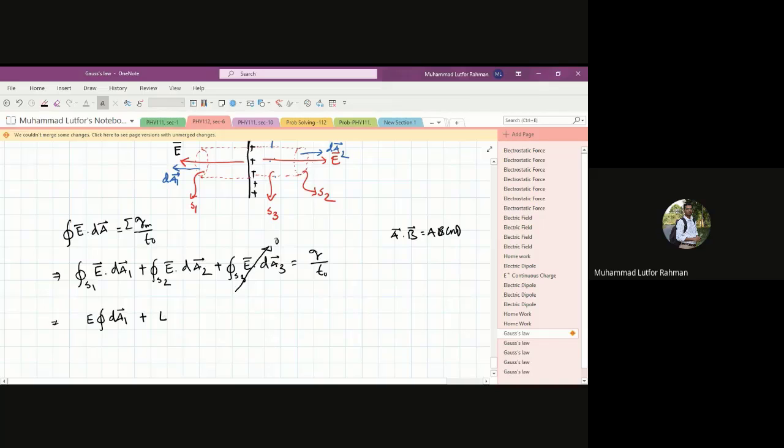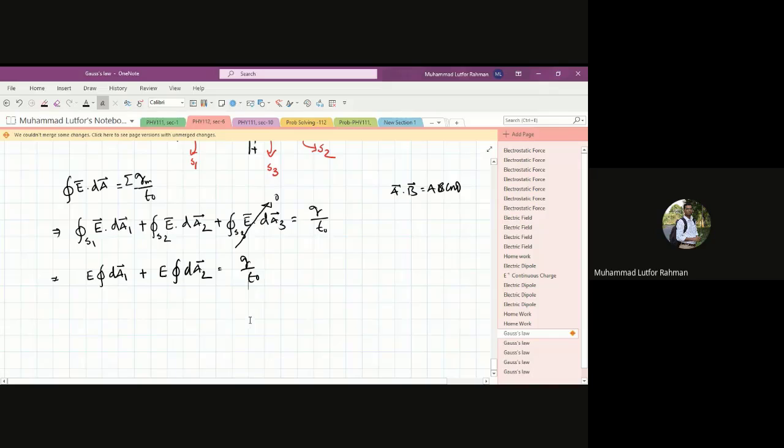So that's why I write down this one plus E into the integration of dA 2 must be equal to Q by epsilon naught. Right? Can I write this one? Now, if we integrate, I will find that E into A1 plus E into A2 must be equal to Q by epsilon naught.